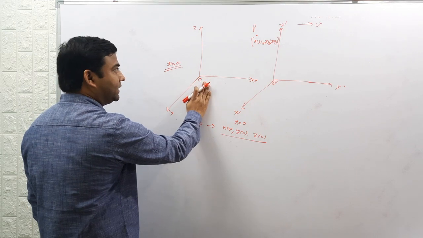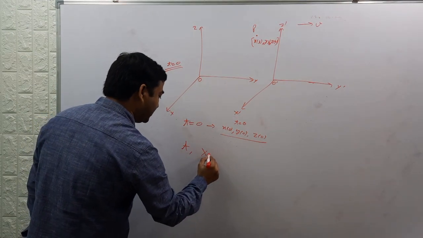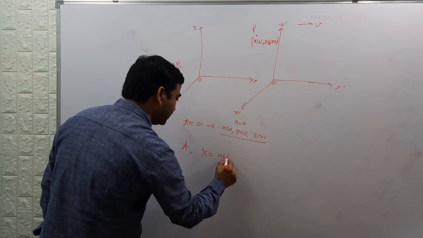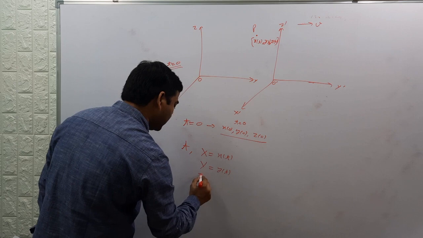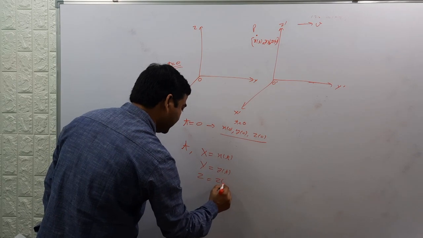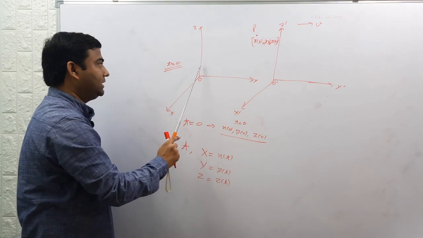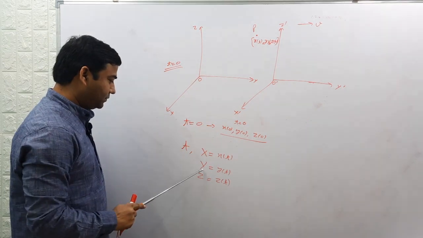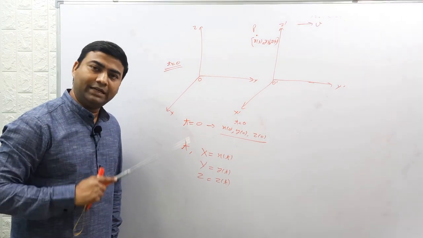So relative to this frame, at time t, the x coordinate will be x(t), y coordinate will be y(t), z coordinate will be z(t). Coordinates of this point relative to this reference frame, x, y, z, are x(t), y(t), z(t) at time t.